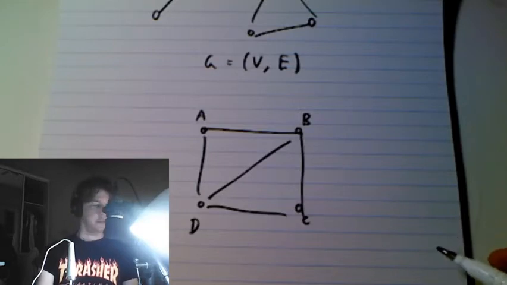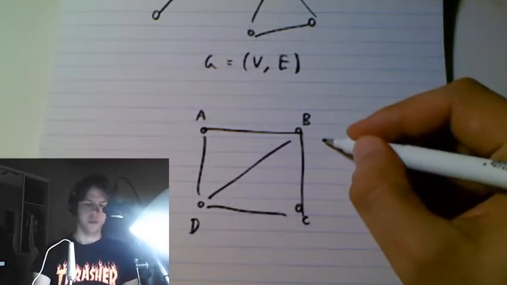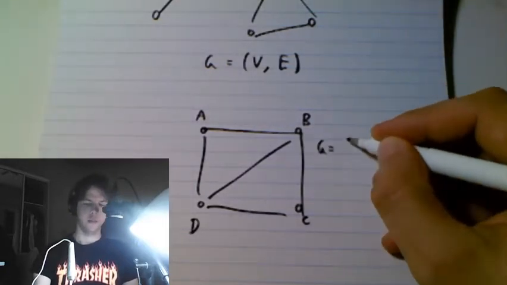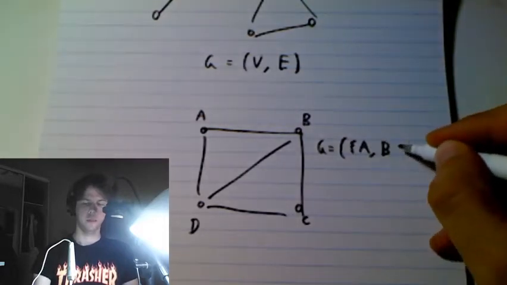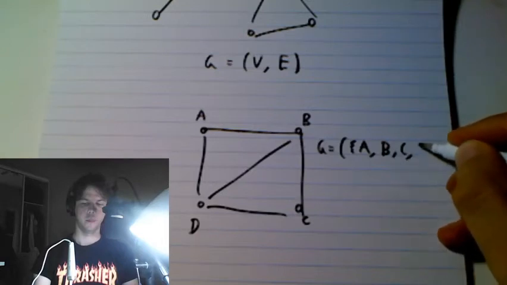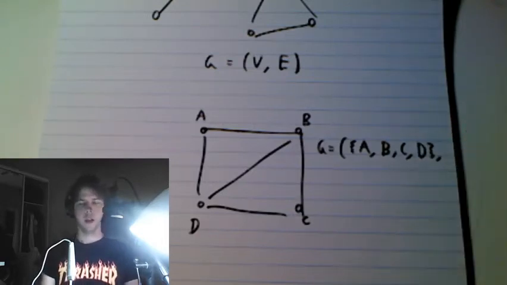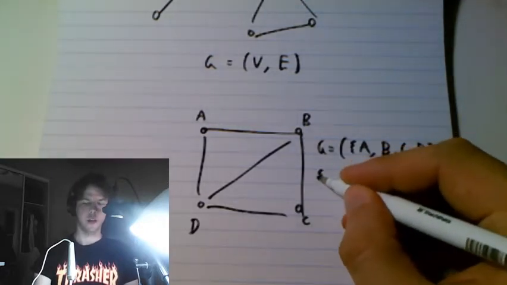So our set of edges to define our graph is all these letters. That's our set of edges. Then our set of vertices is all of the connections.